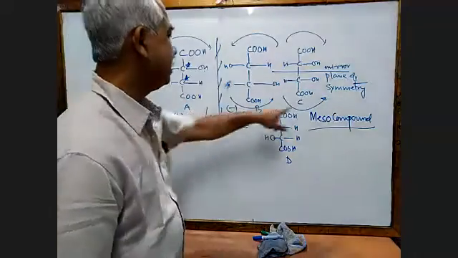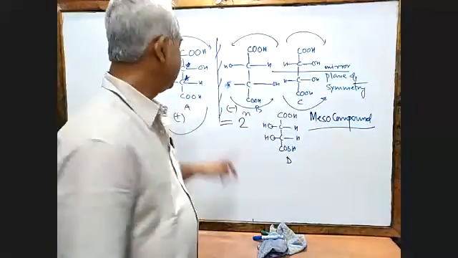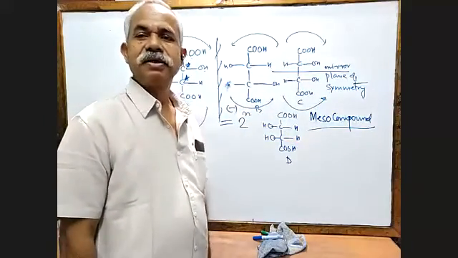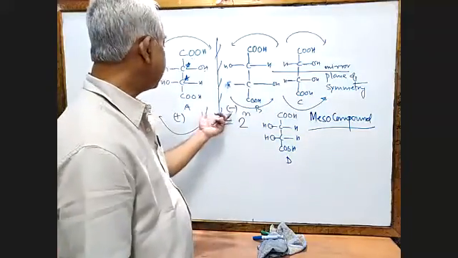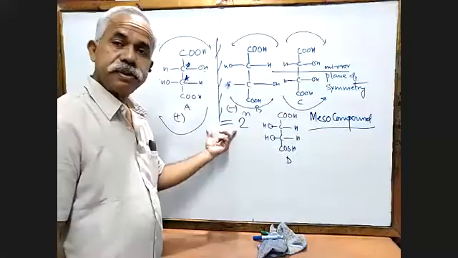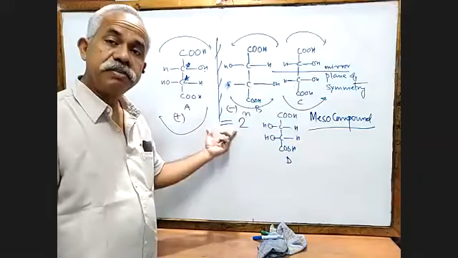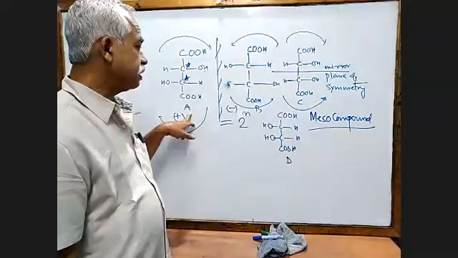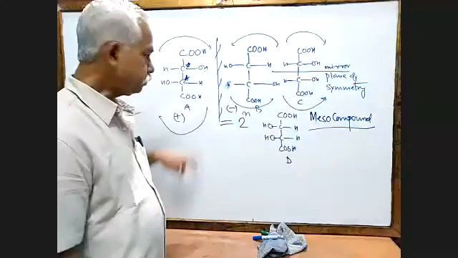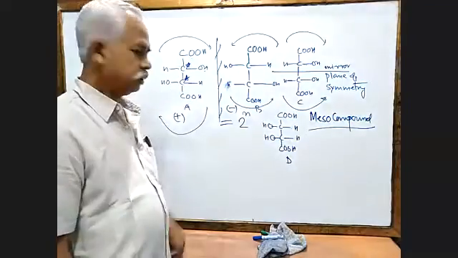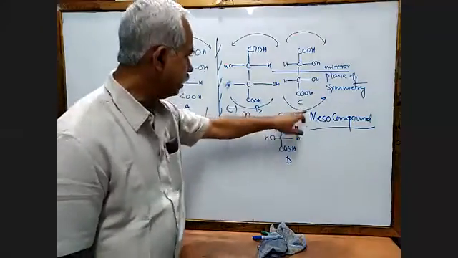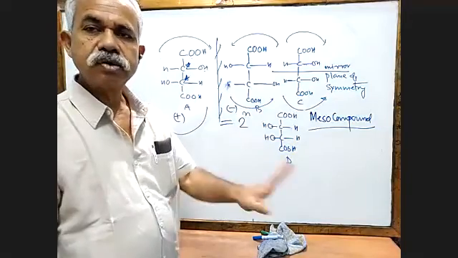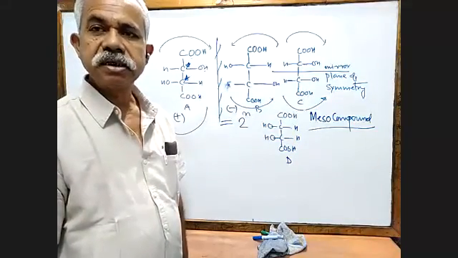So in that case, we find that A and C are neither superimposable nor mirror images of each other. If they are non-superimposable but they are mirror images of each other, we call them enantiomers. But in this case, see here, A and C, A and D, B and C, and B and D are not superimposable, neither are they mirror images of each other.